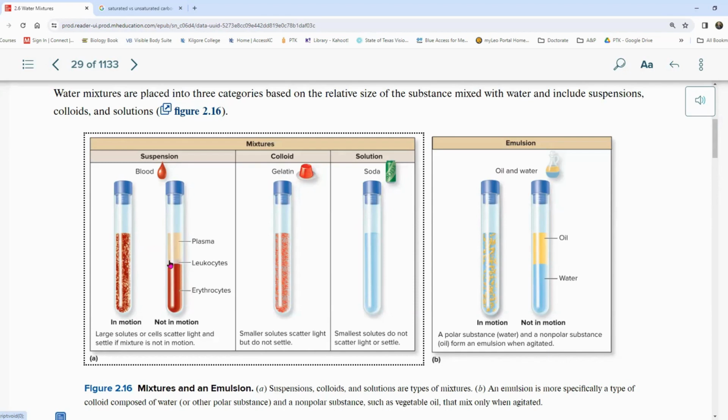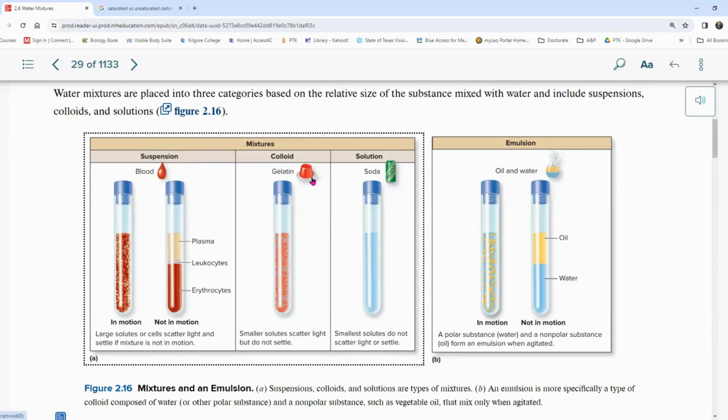The white blood cells stay in the middle, which we refer to as leukocytes, because leuko, that prefix, means white, cyte means cells. And then the plasma is the water component with the proteins and our ions and our electrolytes in it. That's why we refer to it as plasma and not water. So that would be referred to as a suspension.